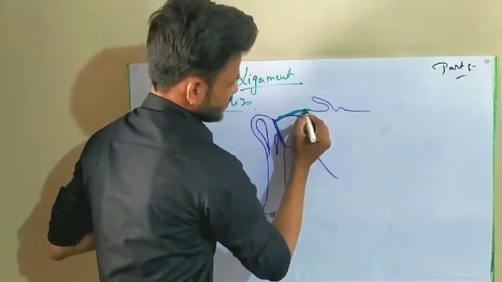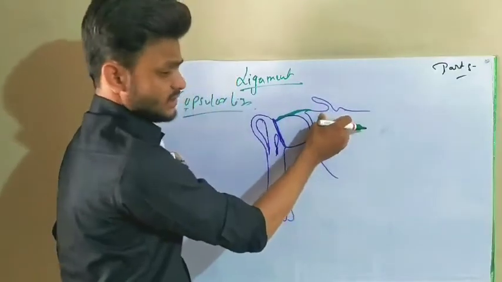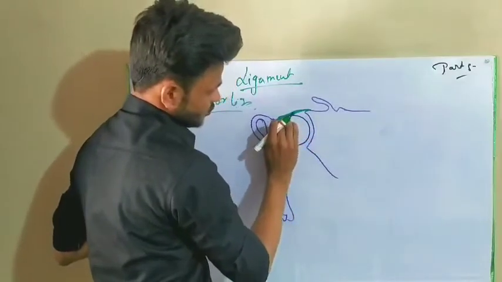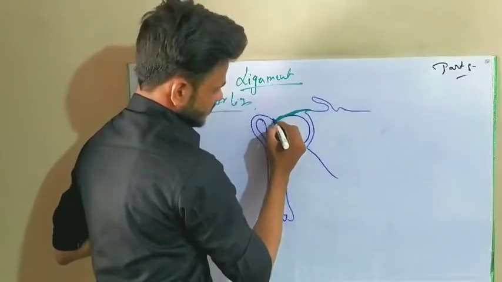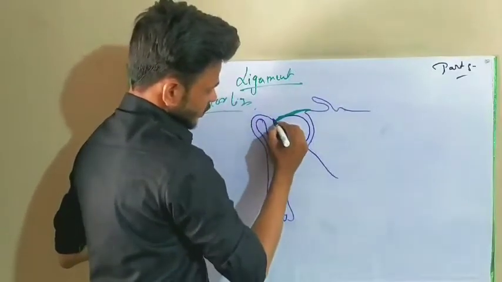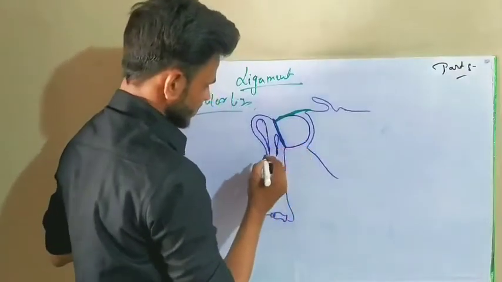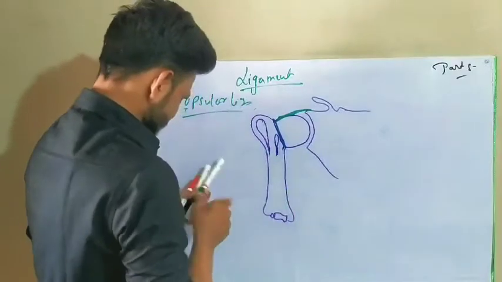This ligament is attached to the superior border of the scapula and to the superior margin of the head of the humerus, along the anatomical neck, and extends up to the surgical neck.